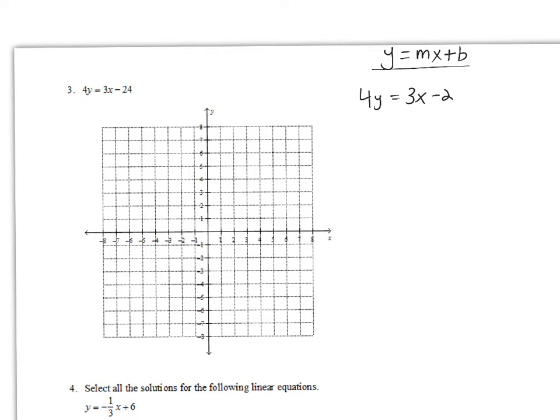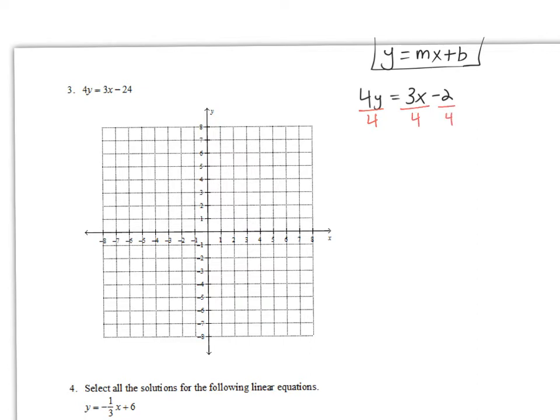So I think to myself, how do I make that into y equals mx plus b? Well, the only thing that's really gone wrong here is this 4 multiplied in front. So divide by 4. And what we do to one side, we've got to do to everything on the other side. So I also have to divide by 4.